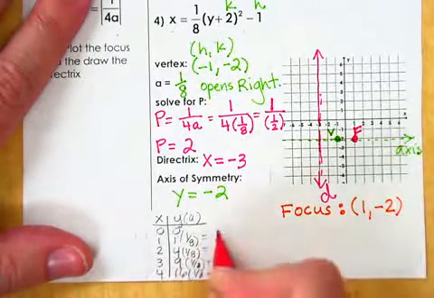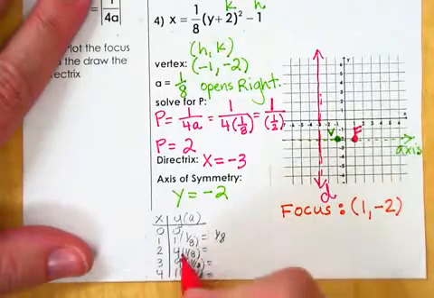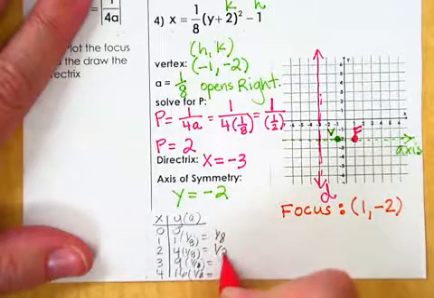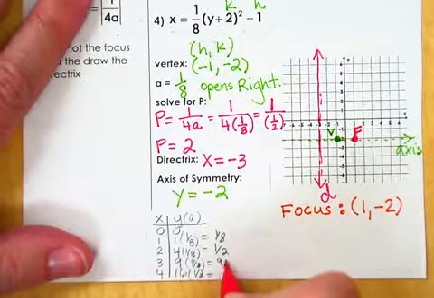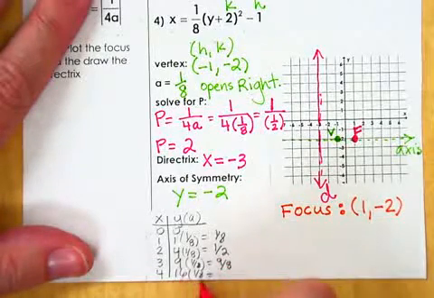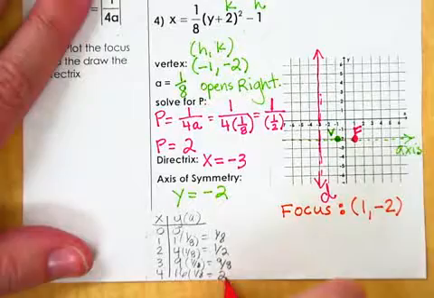So we do that multiplication, so I get 1/8. 4 times 1/8 is 1/2. I have 9/8. And then 16 times 1/8 is 2.